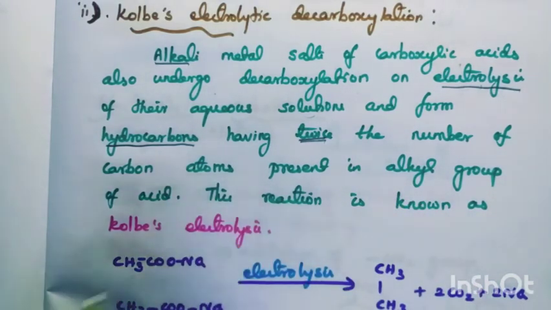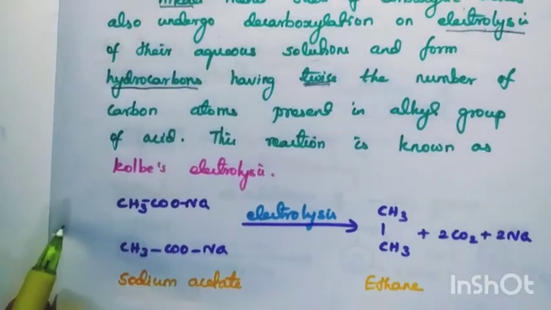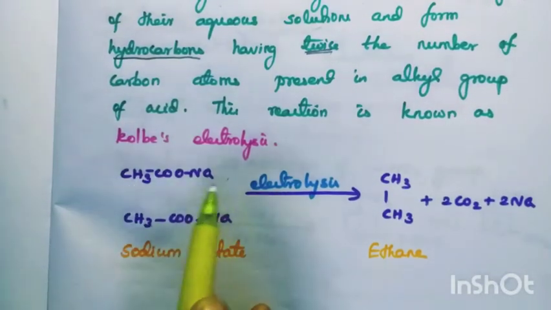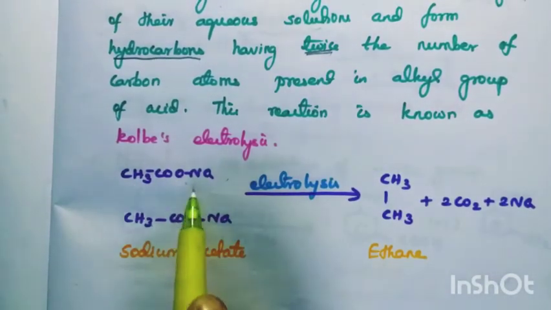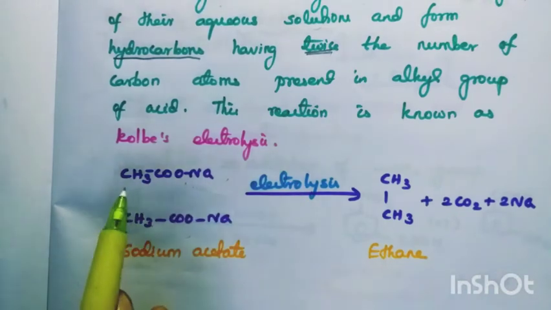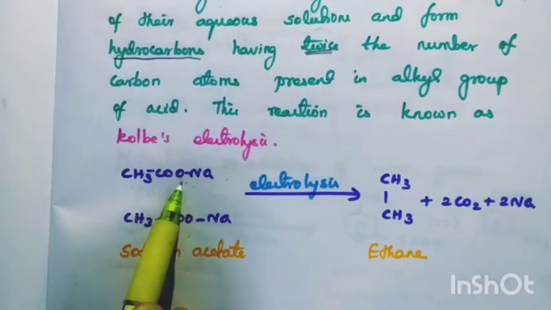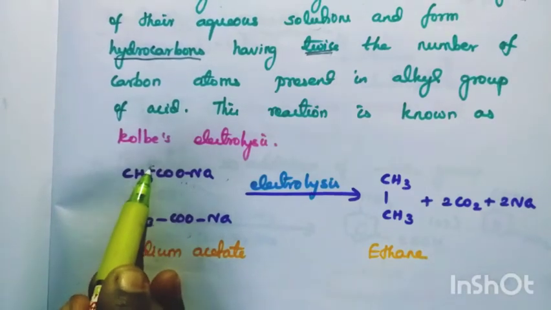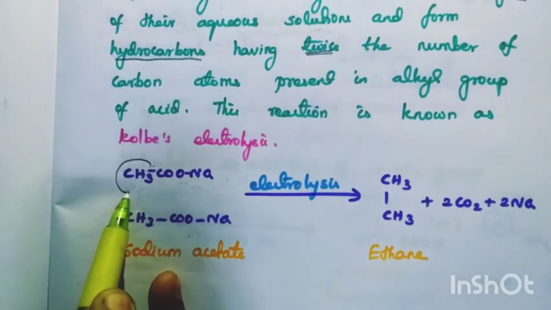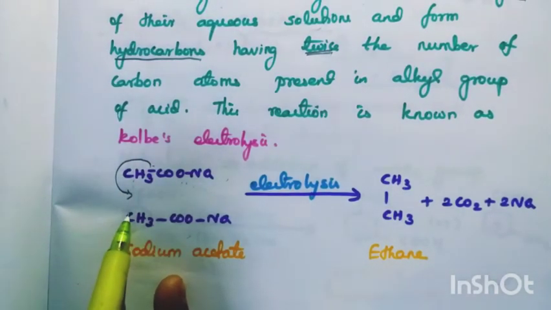Let's see what Kolbe's electrolysis is. We have to take 2 molecules of sodium acetate, CH3COO. One bond breaks between this carbon and this carbon.